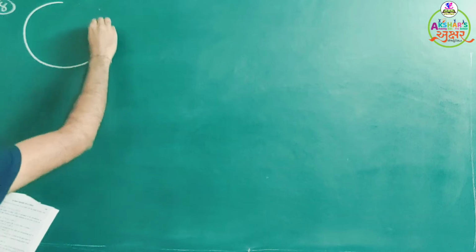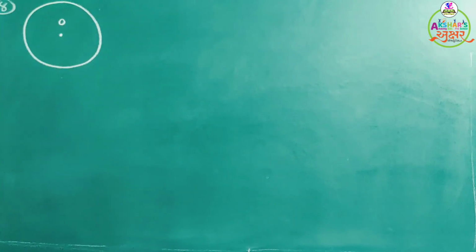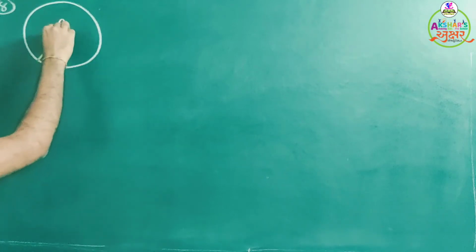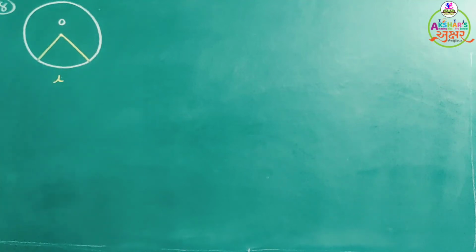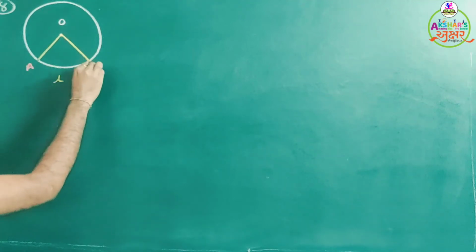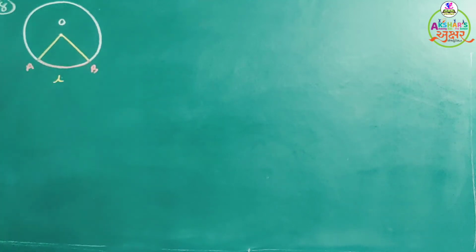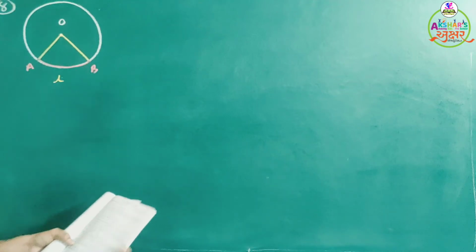So circle with center O. Length of minor arc is given. Let's say these are the two radii and this is minor arc L, and these are the end points of chord AB.